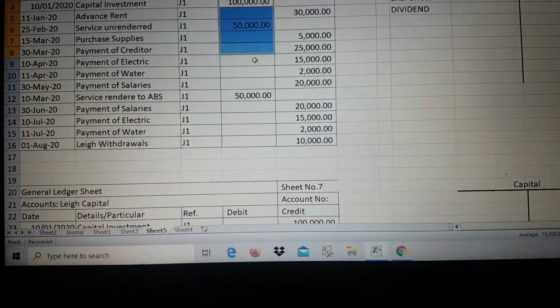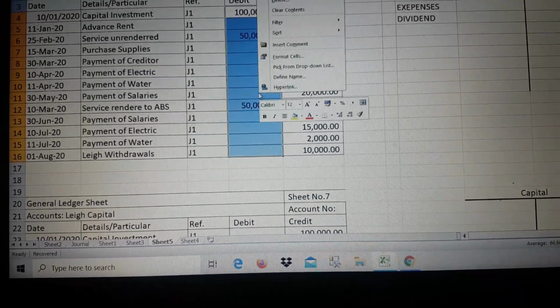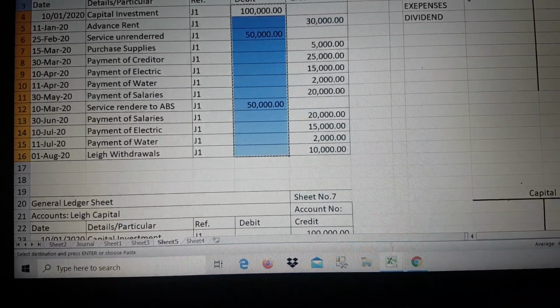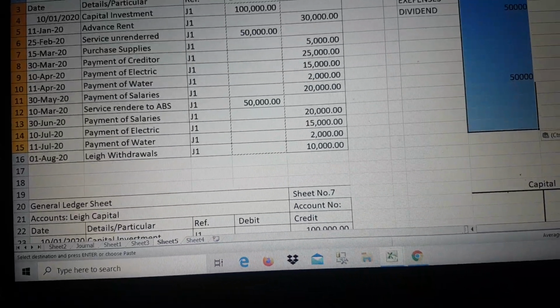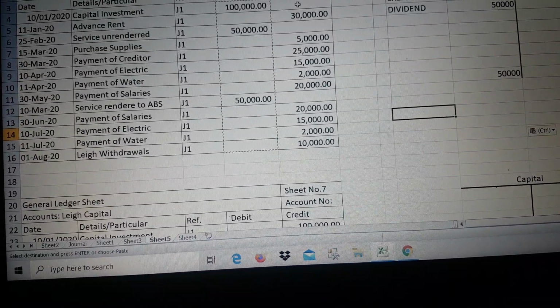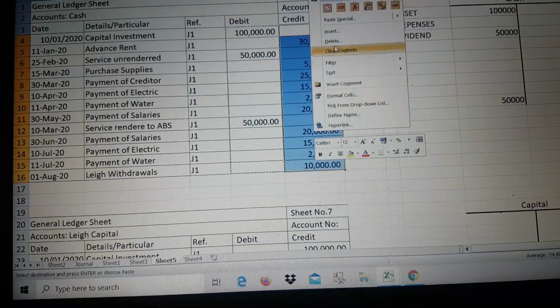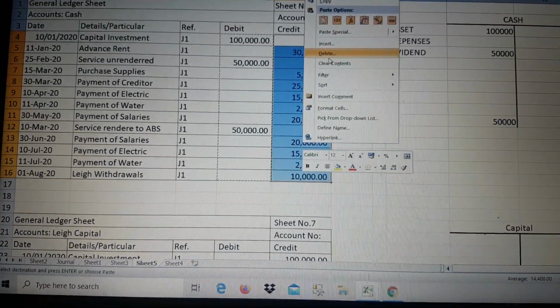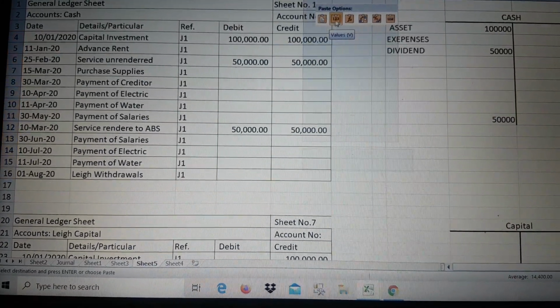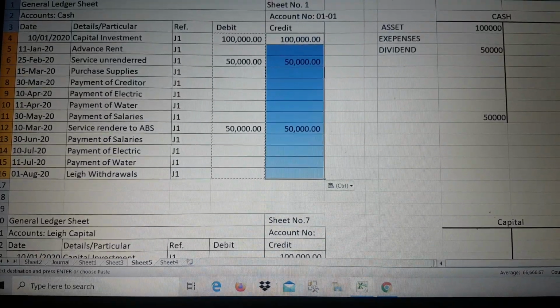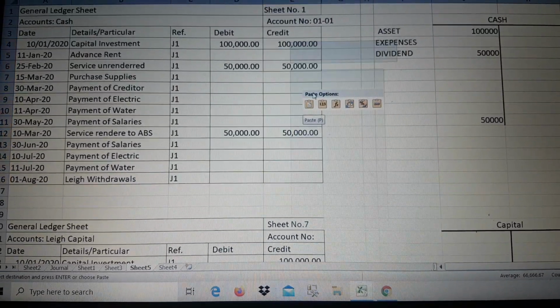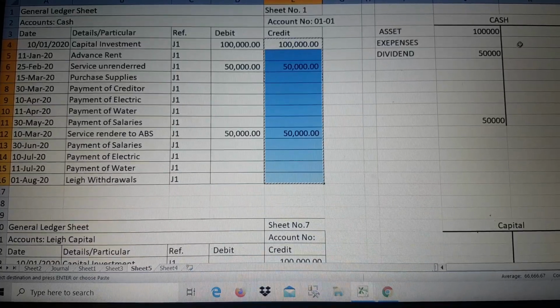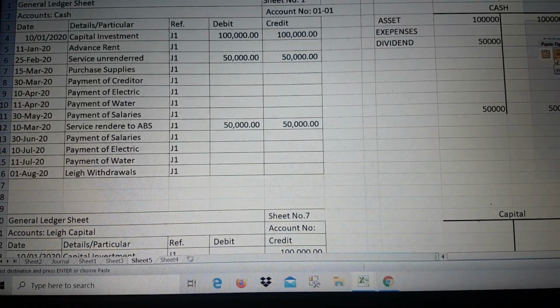So we just put these on the debit side, since these are debit, and then on our credit side.